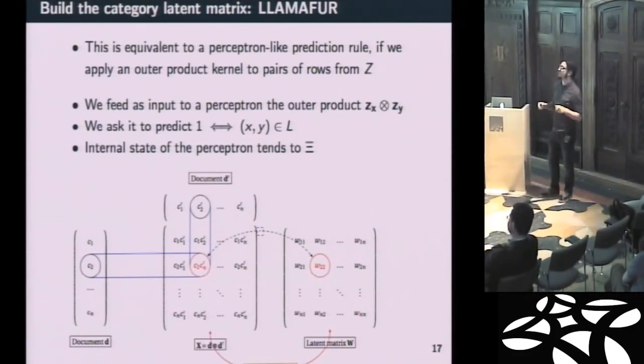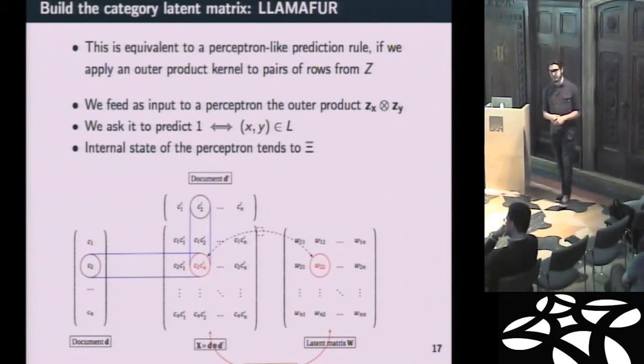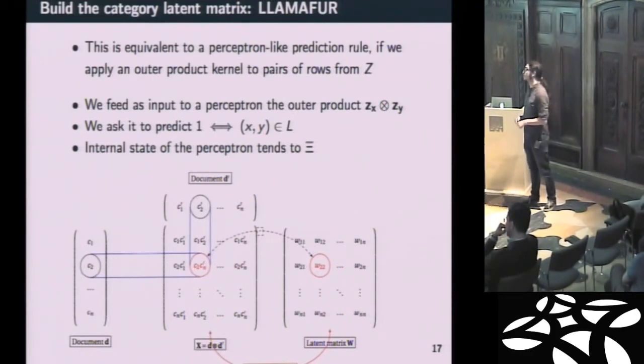So we ask it to predict 1 if this couple is a link and -1 if it's not. Well, what happens is that the internal state of the perceptron corresponds exactly to the latent feature matrix that we are looking at. A pro of this method is that it's actually very efficient.